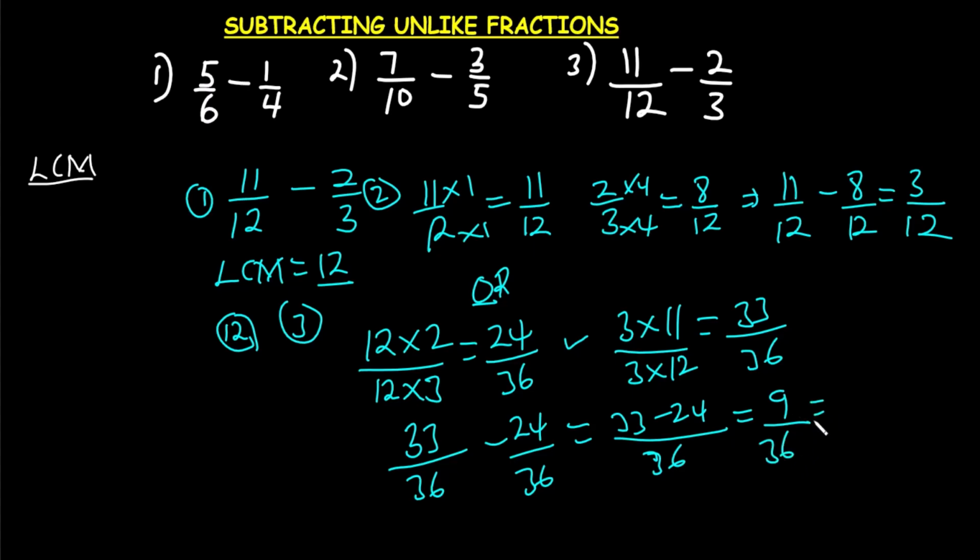Now 9 is the same as 3 times 3 and 36 is the same as 3 times 12. So this 3 will cancel that 3, and now I have 3 over 12. As you can see, I didn't know the LCM, but I've been able to get the answer.